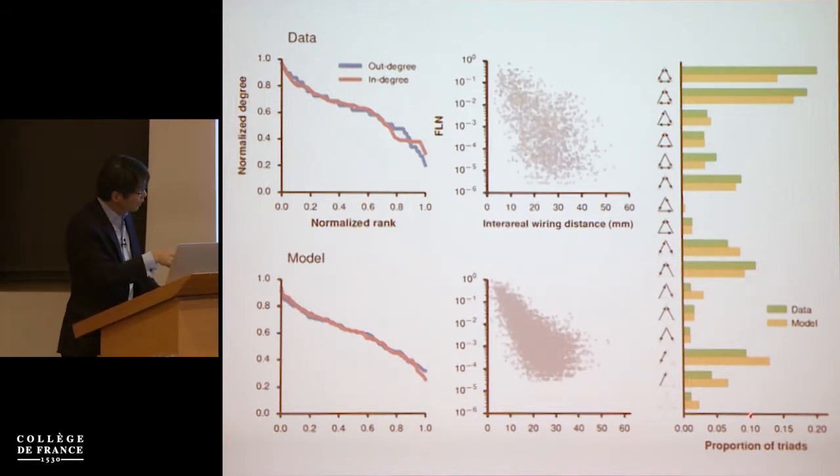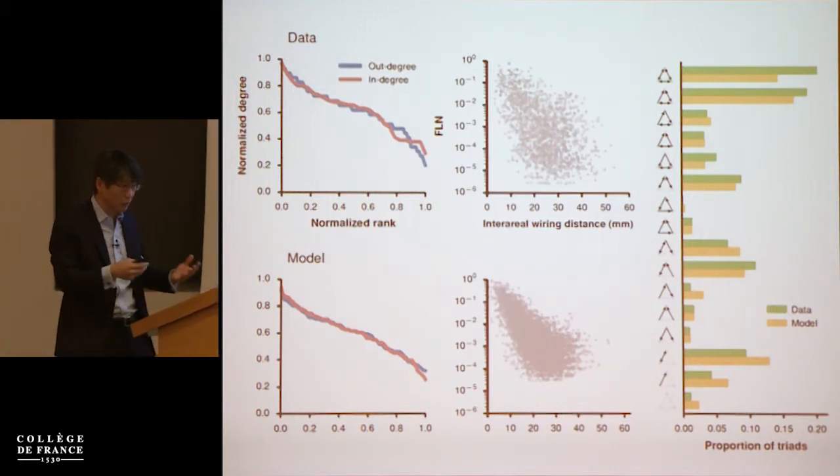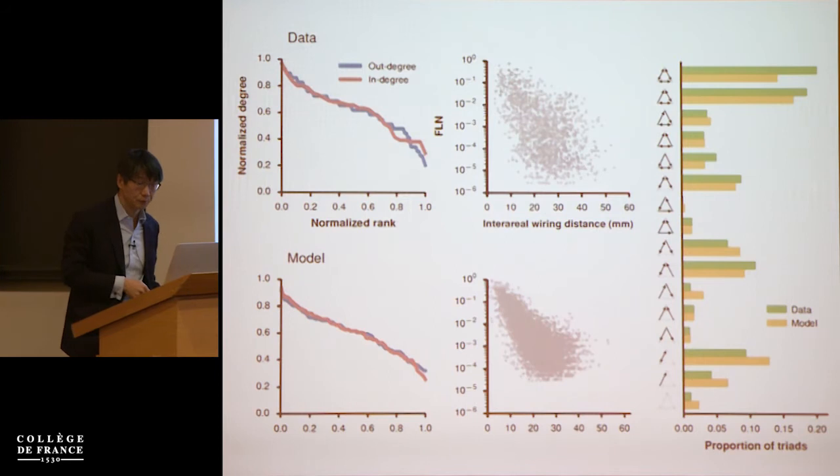And finally, this so-called motif distribution with 3 nodes, 3 areas. You can ask, what's the fraction of A to B pairs that are connected, etc. So you have all these different motifs with different proportions, and I found it surprising that the model actually captures this kind of statistics.